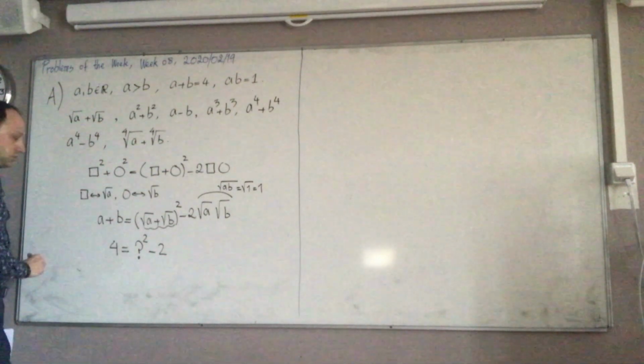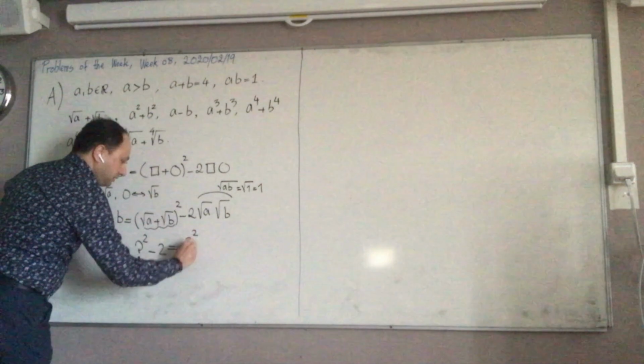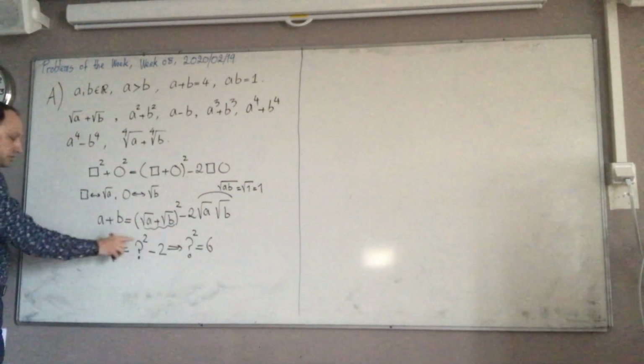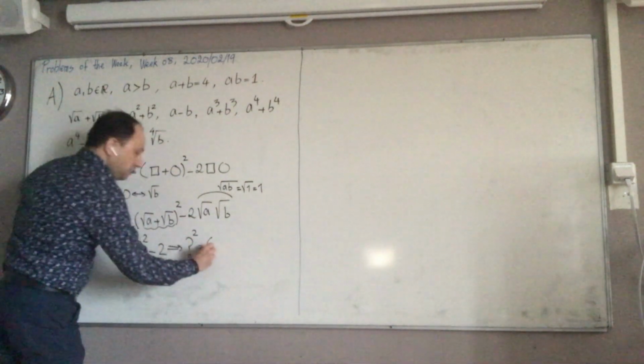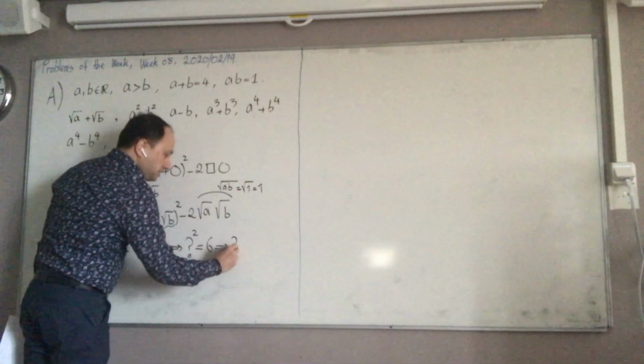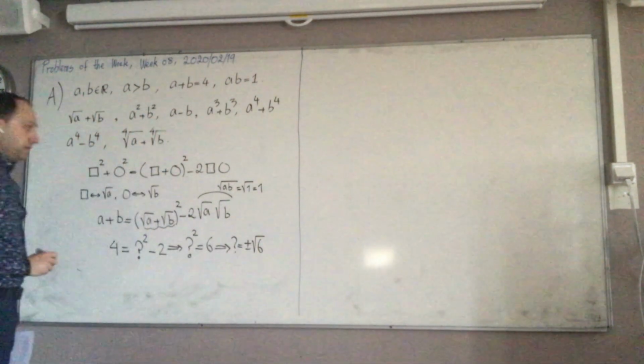But I am looking for my question mark. So this means that question mark to the power of 2 is 6. When I move 2 to the left-hand side, it becomes positive 2. And then, if I am looking for a number with that property, I have plus or minus square root of 6.